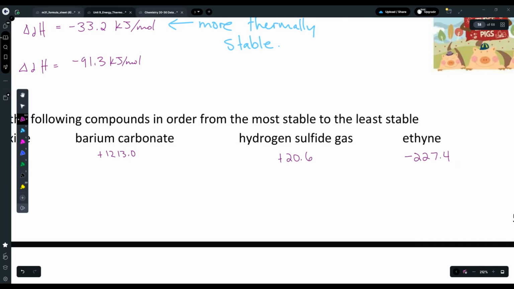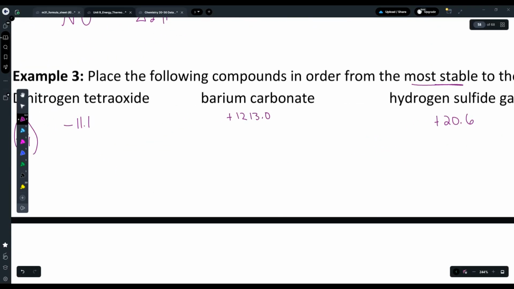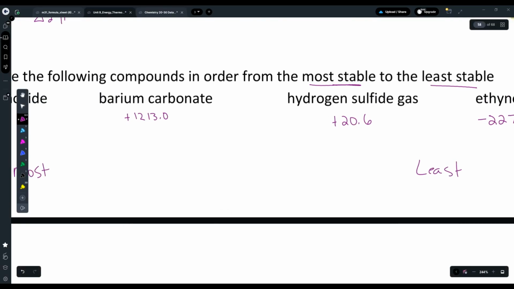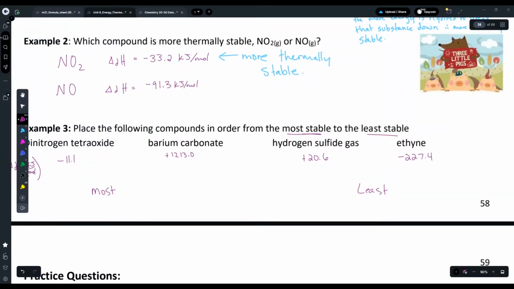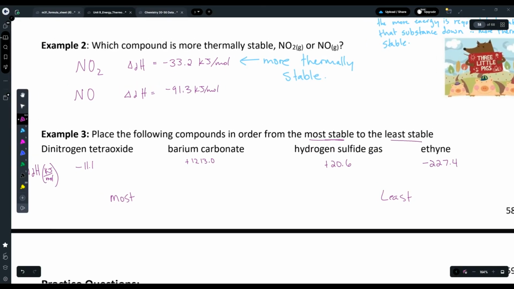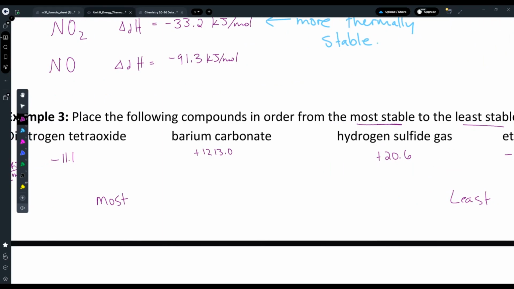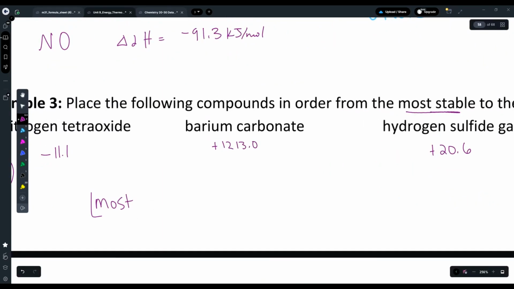So we're asked to go from most to least stable. So I'm going to write most stable and then least stable we'll say somewhere over here. Okay, so basically we're going from the most positive number to the least positive number. Okay, so that looks like barium carbonate is going to be the first one.